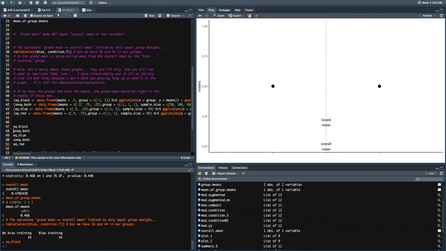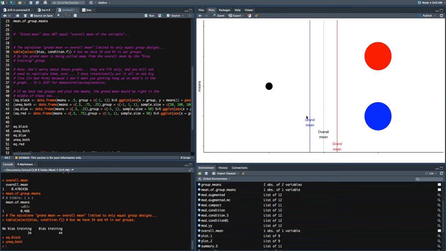If, however, we have unequal sample sizes, so let's say that this is one group mean and one sample size, and this group over here has a bigger sample size. Now this is showing two different groups here, so don't get thrown off by this.